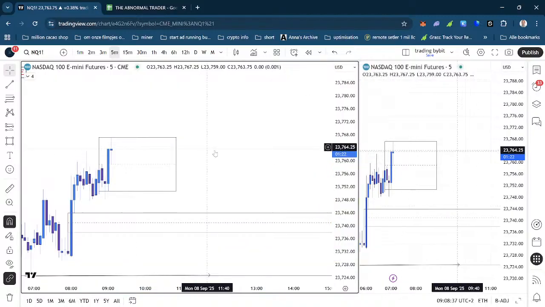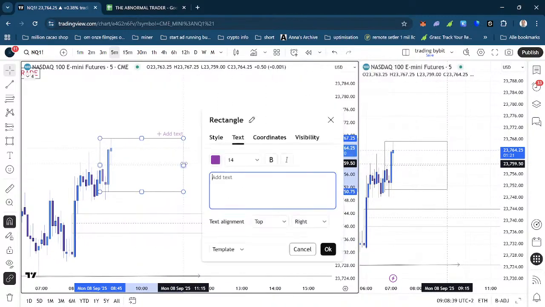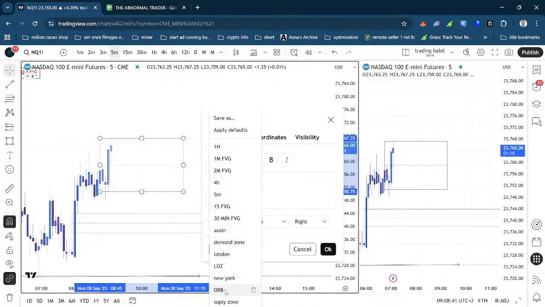So I'll close pre-orb to make it a bit easier for everybody. So I'll set up here.